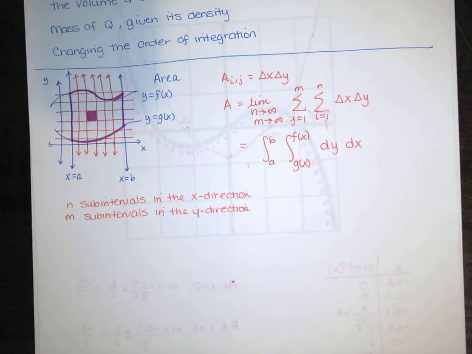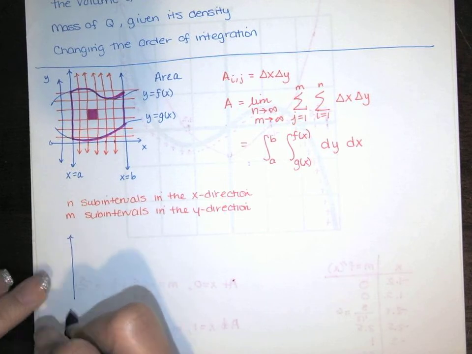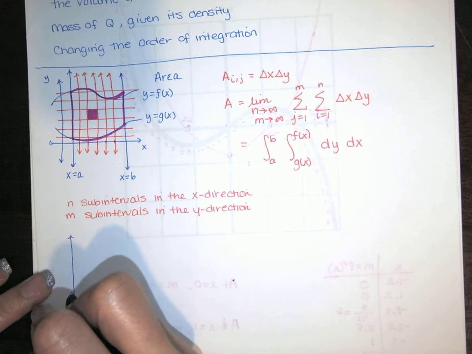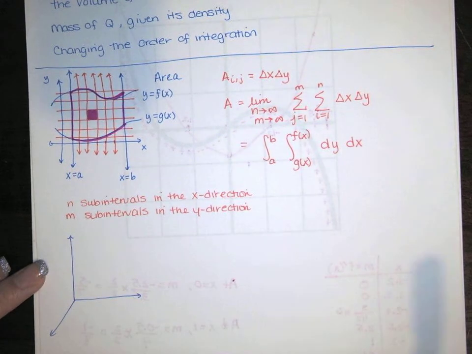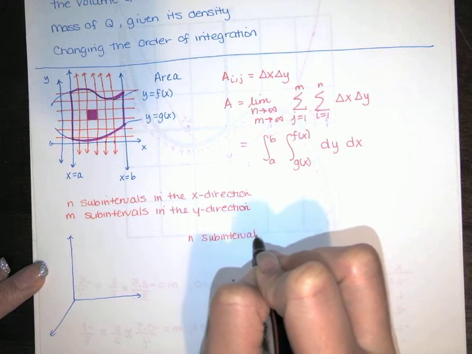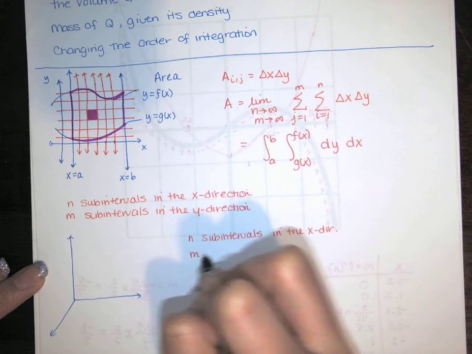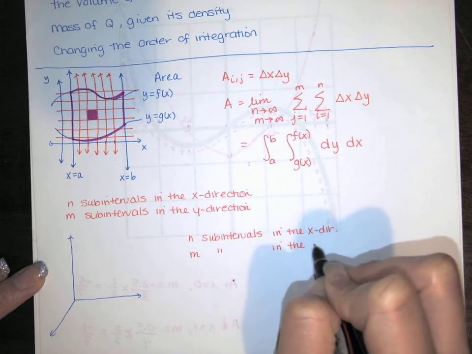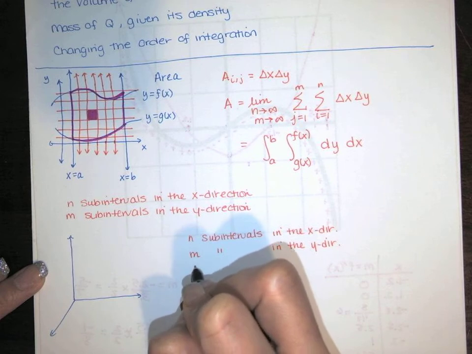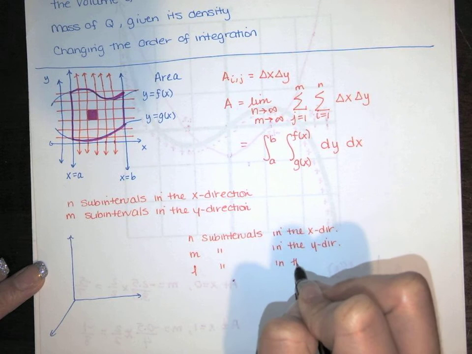Now, thinking about finding volume using a triple integral is very similar. I would never find the volume of a rectangular box this way, but we could create n subintervals in the x direction, m subintervals in the y direction, and let's say L subintervals in the z direction.